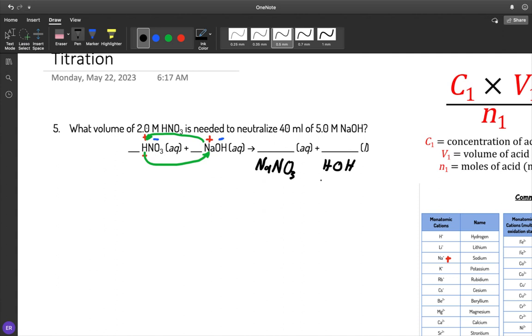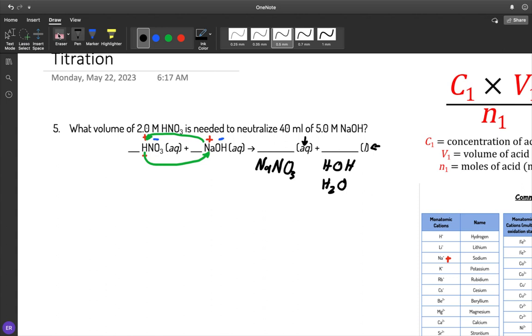So HOH, it's one oxygen bonded to 2 hydrogens. So we can rewrite it as H2O, which is our liquid. And then AQ just means it is aqueous. And again, aqueous means that it's just dissolved in water. And remember how I said when we neutralize, the H positives react with the OH negatives to become water. Okay, so these are our products.